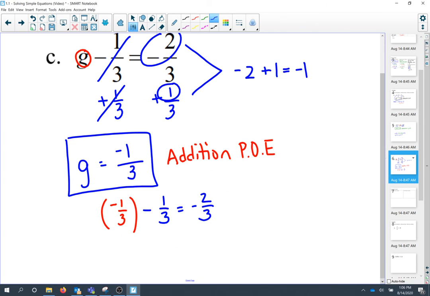So negative 1/3 minus 1/3. Again, it already has a common denominator, so we know our denominator is going to stay 3. Negative 1 minus 1, negative 2. Does negative 2/3 equal negative 2/3? Yes, it does, so we're good.